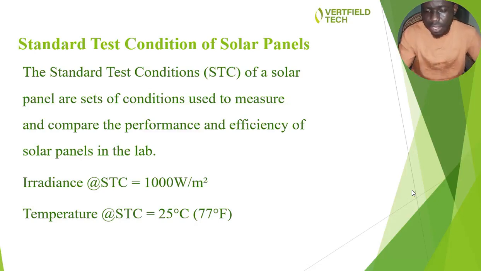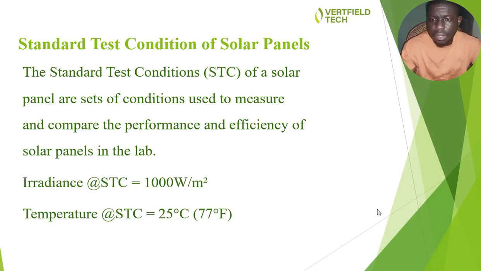We have the irradiance, which is put at standard test condition to be 1000 watts per meter square, and the temperature, which is put at 25 degrees centigrade, which is equivalent to 77 degrees Fahrenheit.